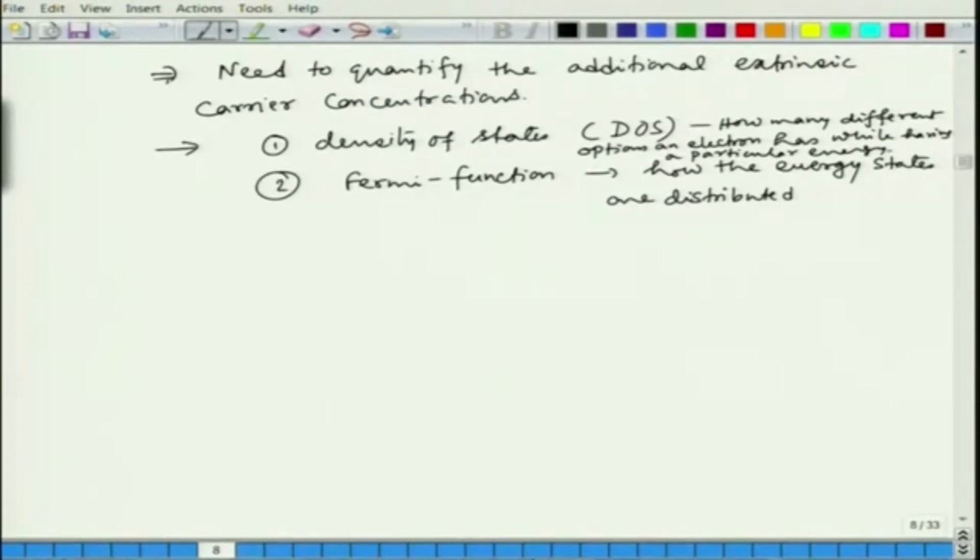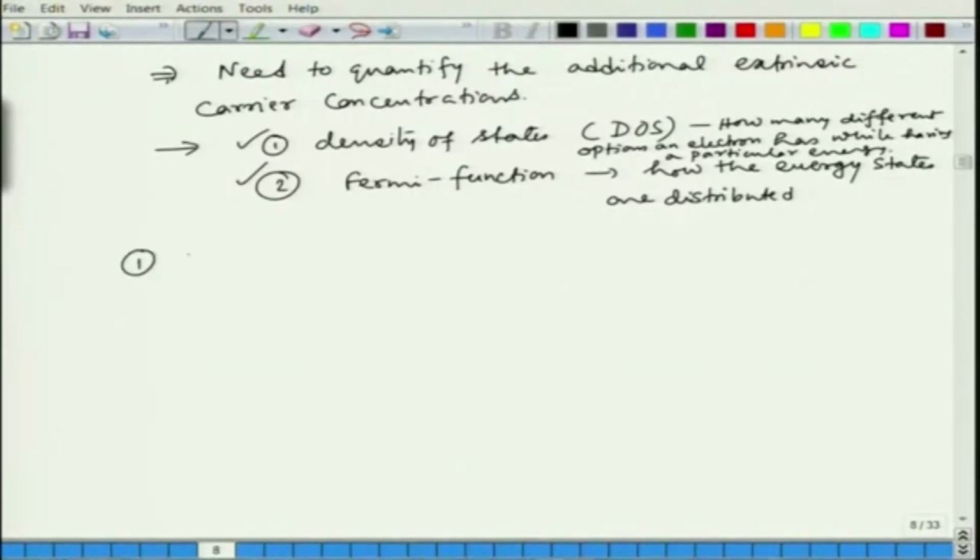So, if some electron has some energy, you know that there are many possibilities of states that the electron can have, and for each energy level you will have multiple of them, and how many of them are available is called density of states. Okay. So, these two quantities will tell us exactly how the distribution will happen.